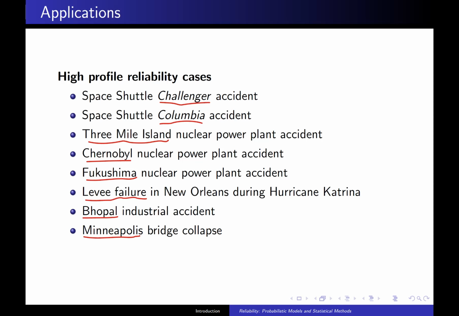And what they do is they go back and they look at the data that they can glean after the accident and try to determine the cause. And this is how you can get what is known in reliability as reliability growth, and that is an improvement over time going forward as fixes are made in the system to prevent future catastrophe.